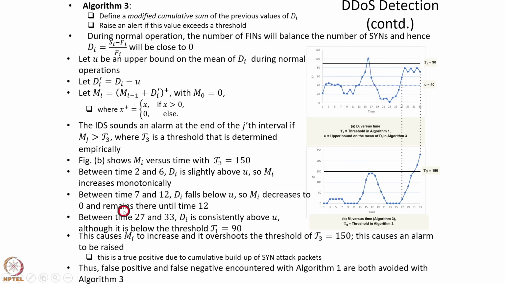So in this way, false positives and false negatives encountered with algorithm 1 are avoided with algorithm 3. So we can see that algorithm 2 and algorithm 3 are better algorithms than algorithm 1. So these three are algorithms for DDoS detection.